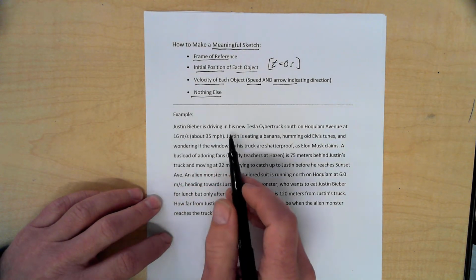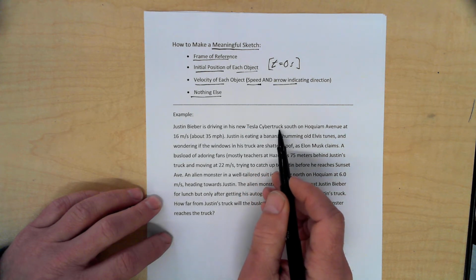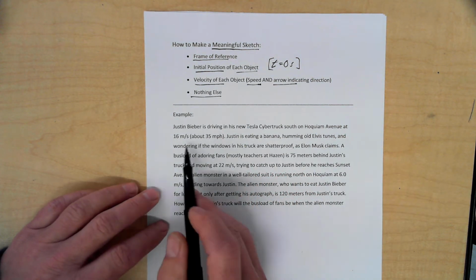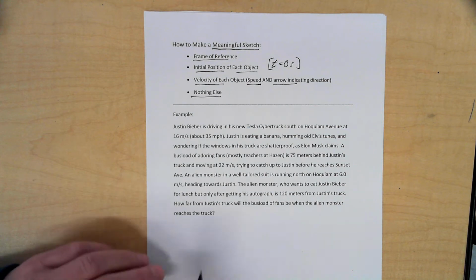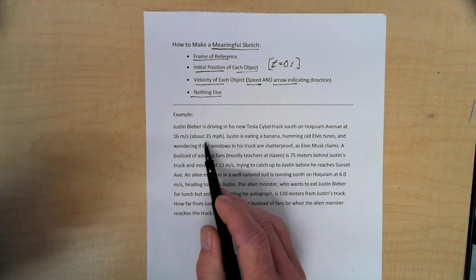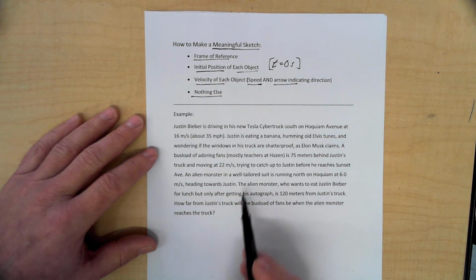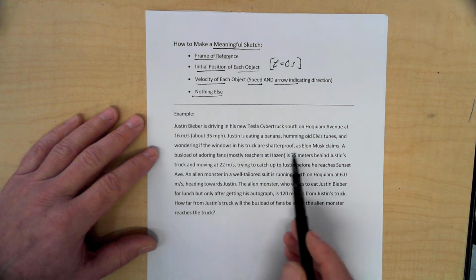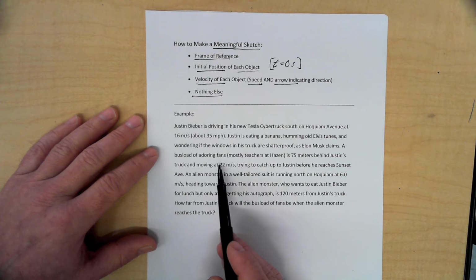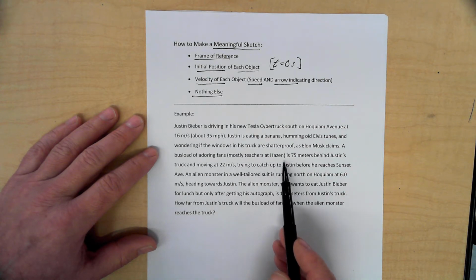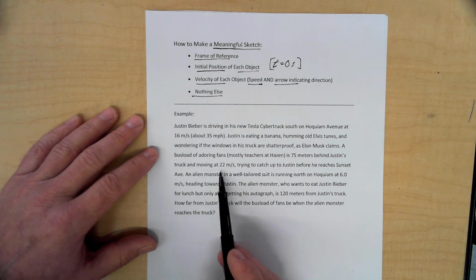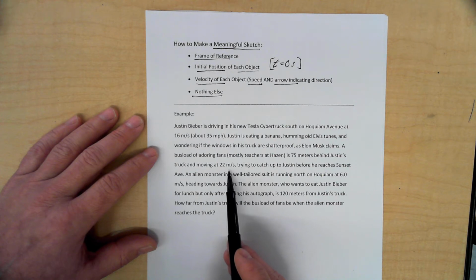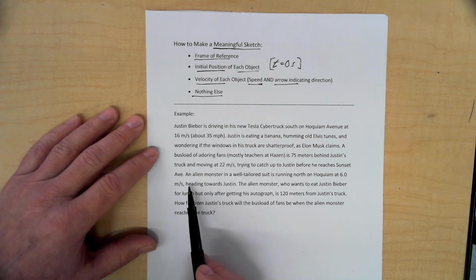Justin Bieber is driving in his new Tesla Cybertruck south on Hoquiam Avenue at 16 meters per second, about 35 miles per hour. Justin is eating a banana, humming old Elvis tunes, and wondering if the windows in his truck are shatterproof, as Elon Musk claims. A busload of adoring fans, mostly teachers at Hazen, is 75 meters behind Justin's truck and moving at 22 meters per second, trying to catch up to Justin before he reaches Sunset Avenue.